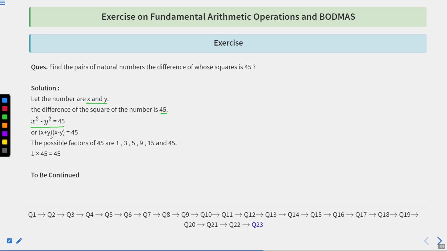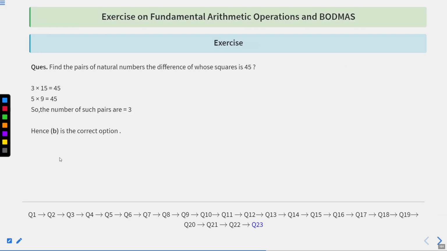Using that, we can write (x plus y) times (x minus y) equal to 45. The possible factors of 45 are 1, 3, 5, 9, 15 and 45. So it will be 1 times 45, 3 times 15 which is 45, and 5 times 9 that is 45. So the number of such pairs is 3. So the correct answer here will be option B.